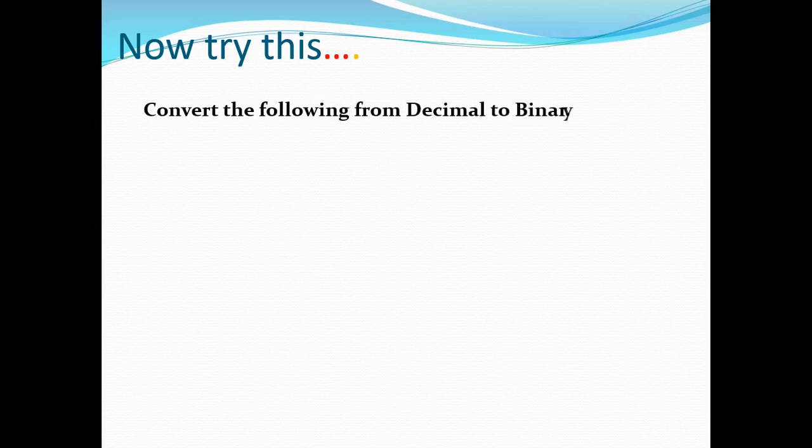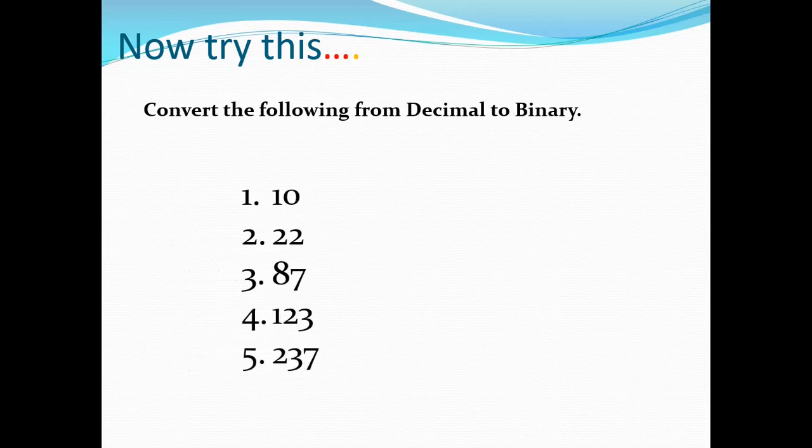Now try this. If everything is not clear yet, you can always go back to the video and replay it. This time I want you to solve for the conversion of decimal to binary for numbers 1 to 5.